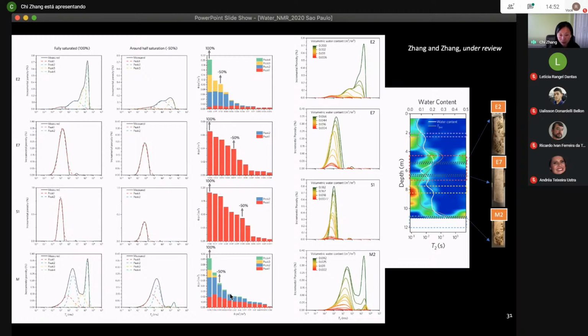However, for some other rocks, such as rock M here, all the peaks disappear simultaneously. That means the water actually withdraws from all the pore sites simultaneously. I think this is a really interesting finding and can tell us a lot about how water is redistributed in the pore environment in different types of rocks during a drying season.